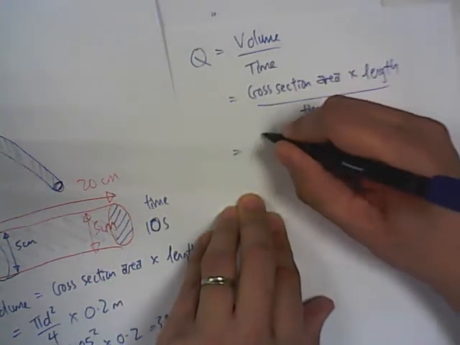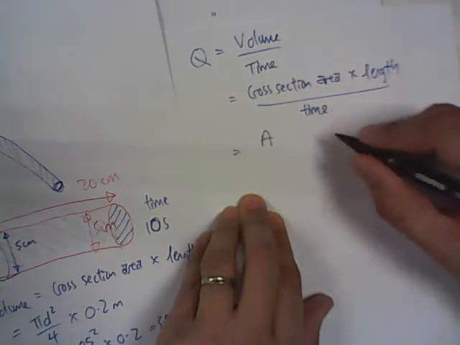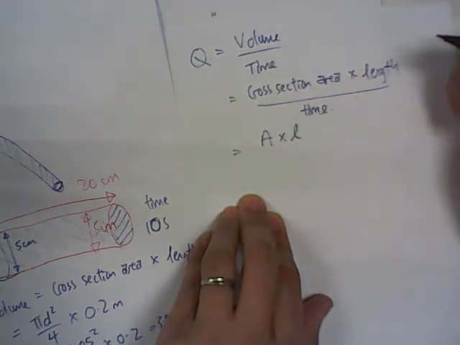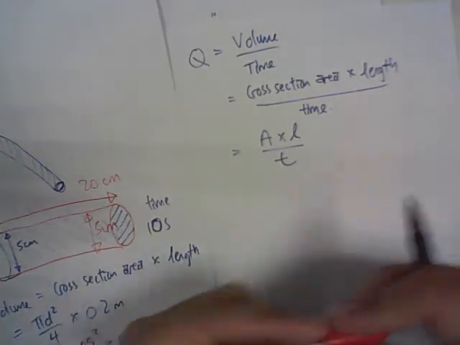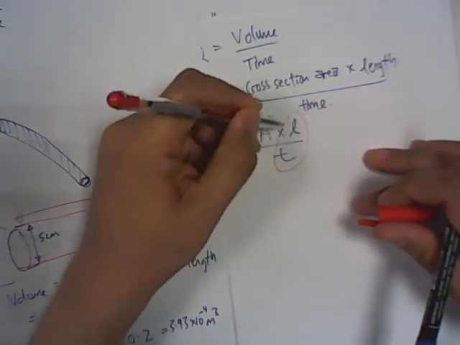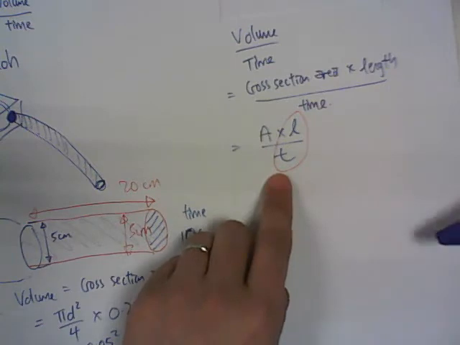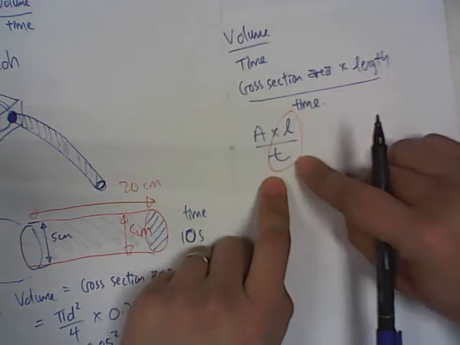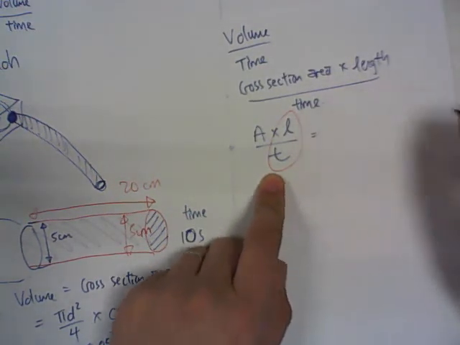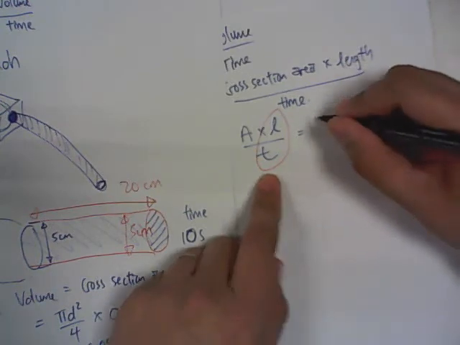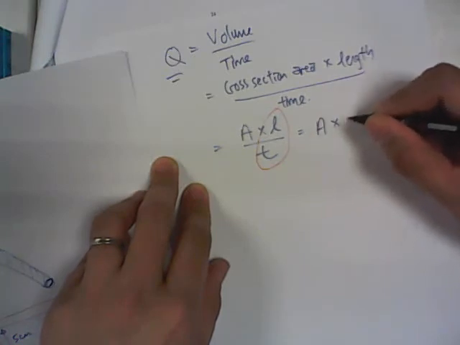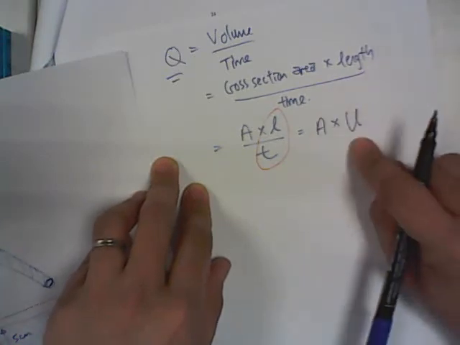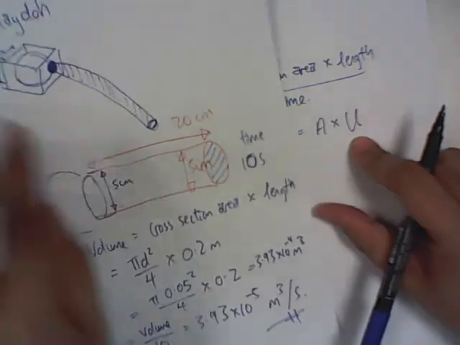This cross-sectional area, let's denote it with A, so A times length L over time T. You will realize that there's this length over time. In fact, length over time is also velocity. So in fact, Q is area times velocity of the flow.